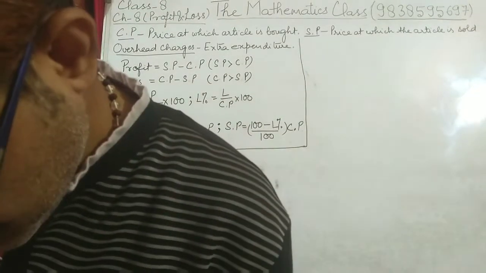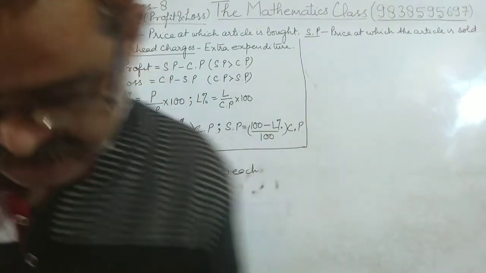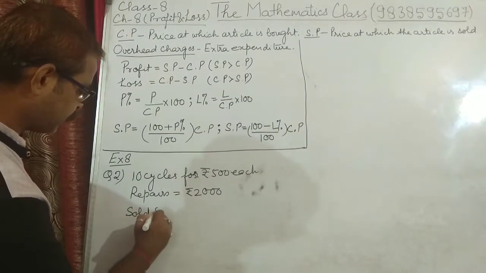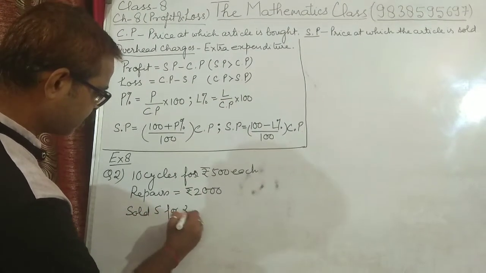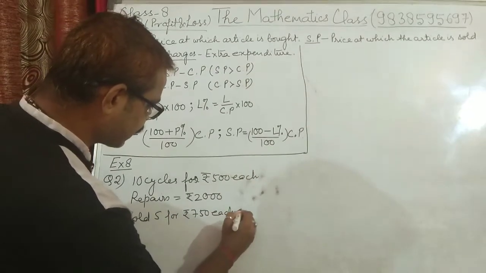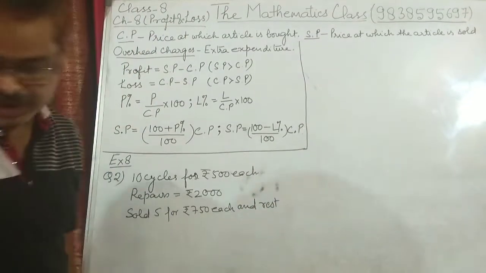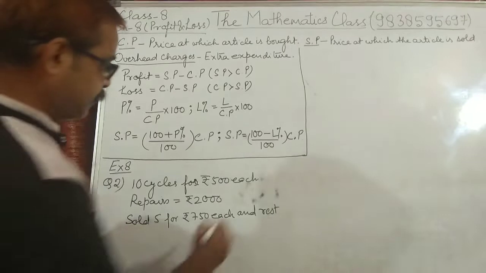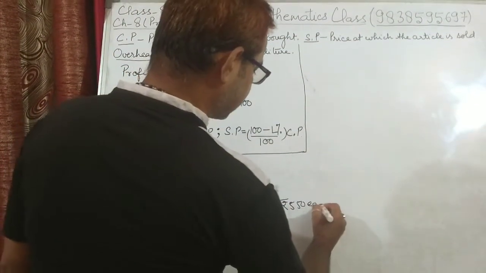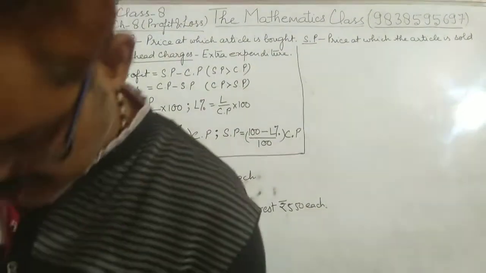And he sold 5 of them for rupees 750 each, and the rest at rupees 550 each. Find his gain or loss percent.